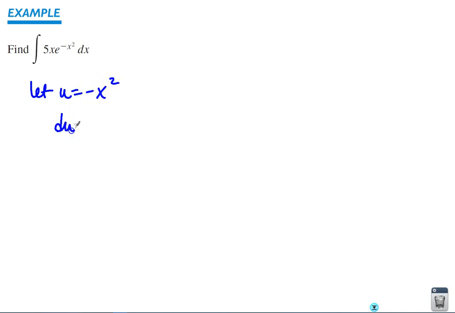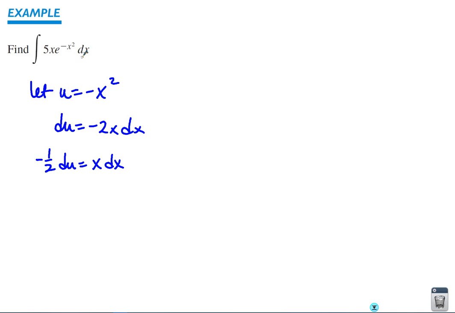So that means du is equal to negative 2x dx. Okay, well, I have x dx. I want x dx, but I also would prefer a 5, not this negative 2. So let's take care of the 2 first. Make that negative 1/2 du is equal to x dx. Basically, I divided it to the other side, so I have x dx, which is exactly what I want.